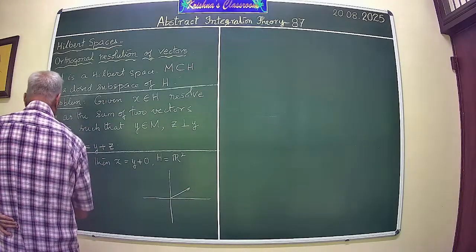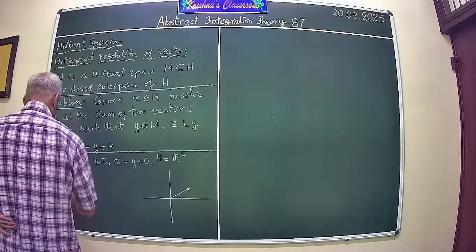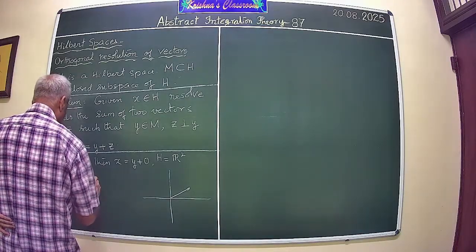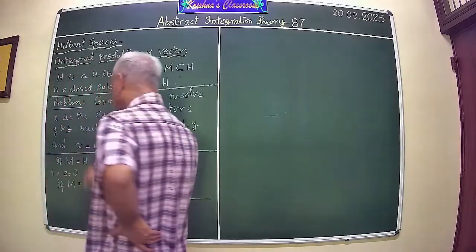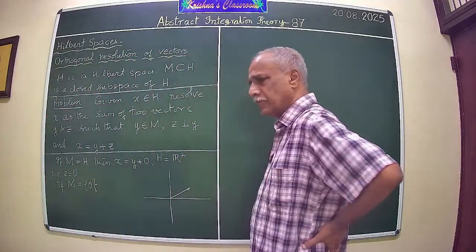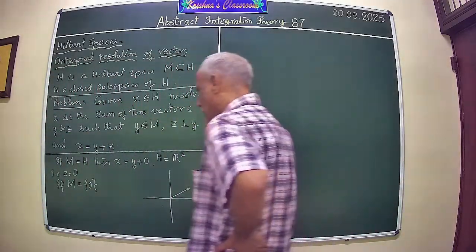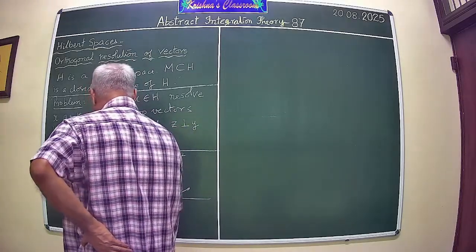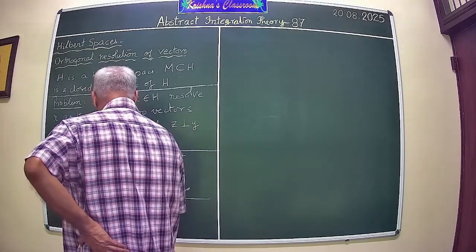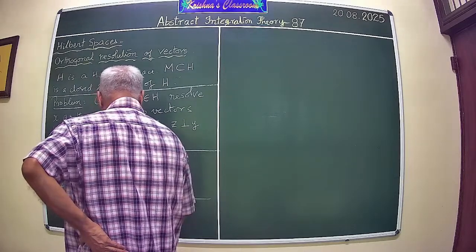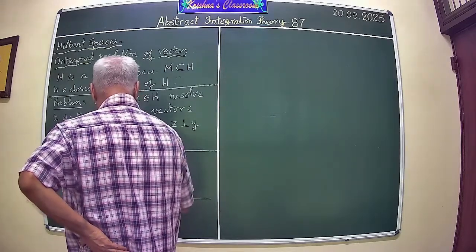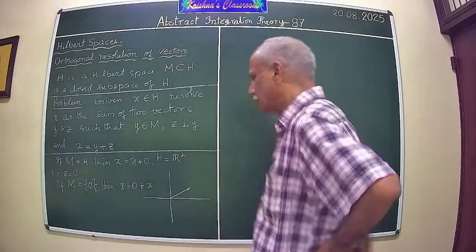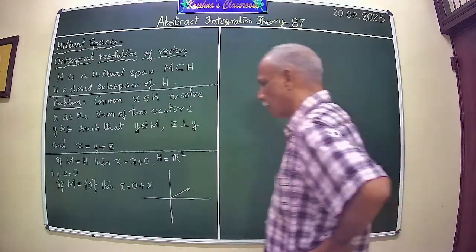If M is the trivial subspace, namely zero, then these are the extreme situations that we are looking at, and X equals 0 plus X.